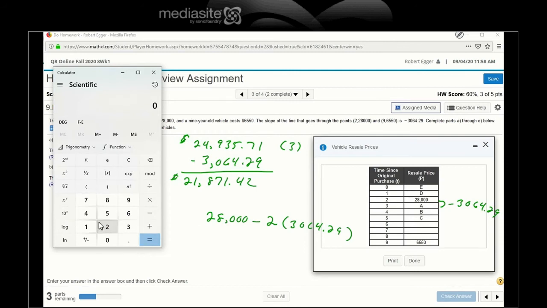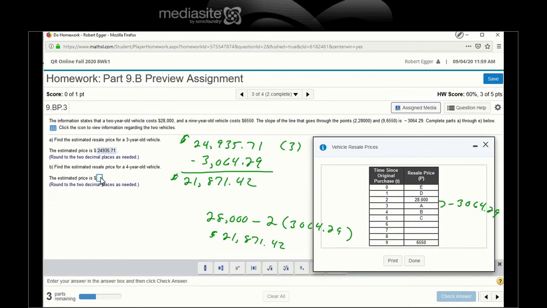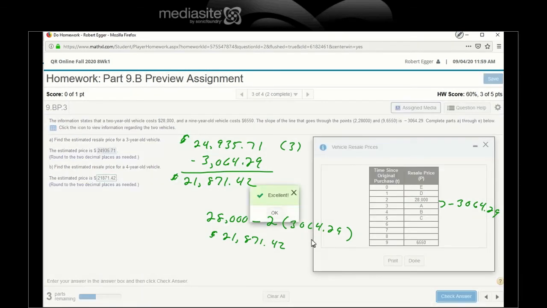Again, 28,000 minus 2 times 3,064.29. And we get 21,871.42. Hey, it's the same price. It's the same. Huzzah! It's a miracle. 21,871.42. Of course.